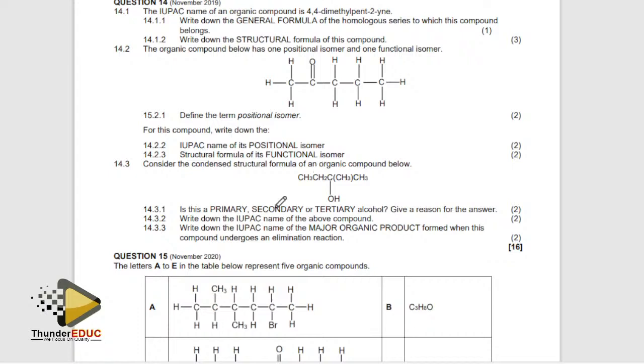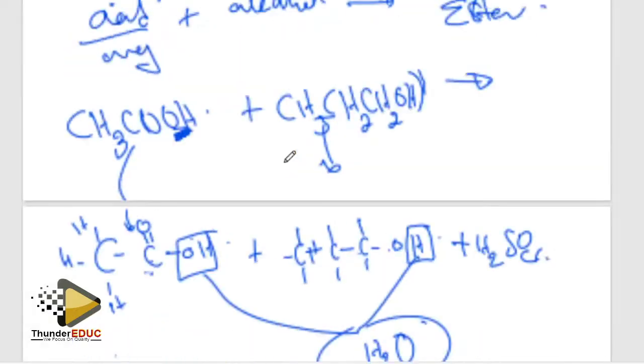Primary, secondary, tertiary alcohol, give a reason, you know. If it is primary, it has 1 carbon atom attached to the carbon atom with the functional group.